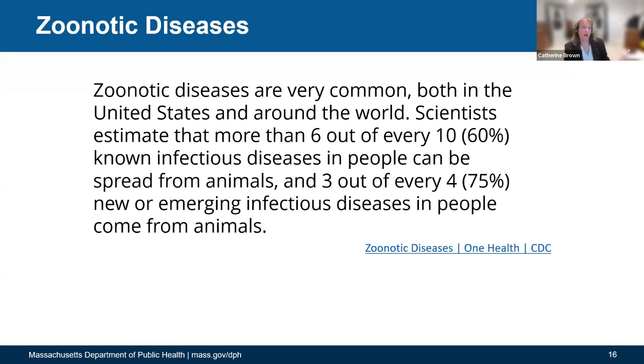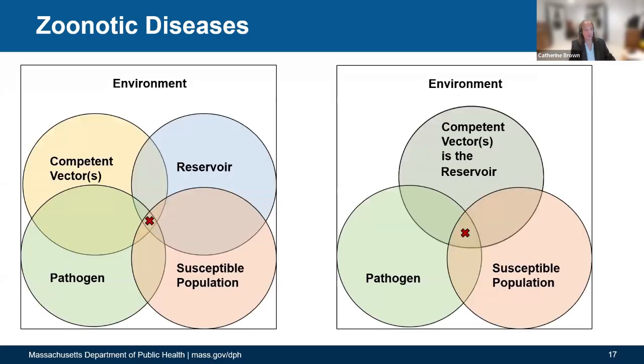Anyway, these statistics are quoted ad nauseum, right? If you Google zoonotic disease, this is one of the most common things that comes up. And so here's the way we're going to now talk about zoonotic disease.